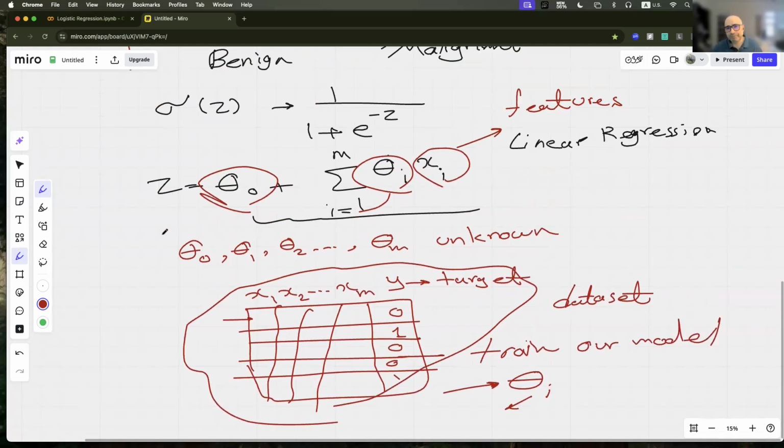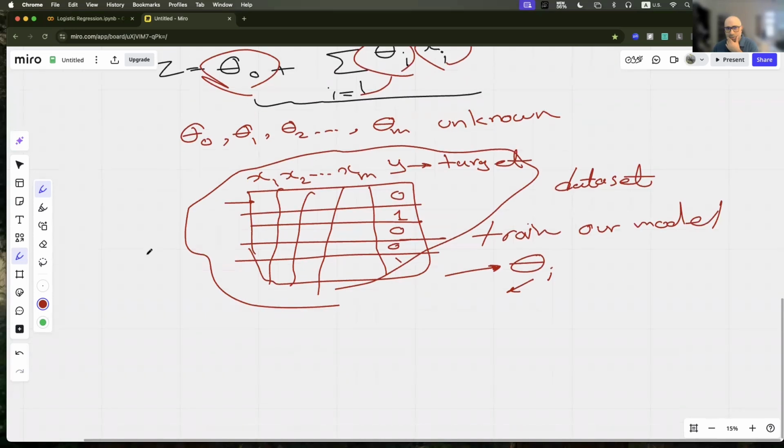Okay, so logistic regression, where we are using the sigmoid function, basically gives us the probability.